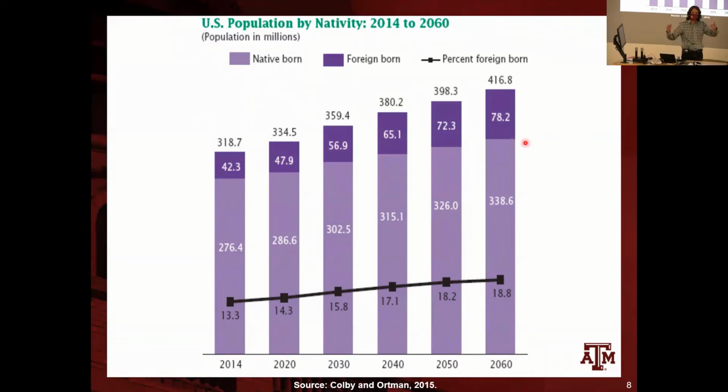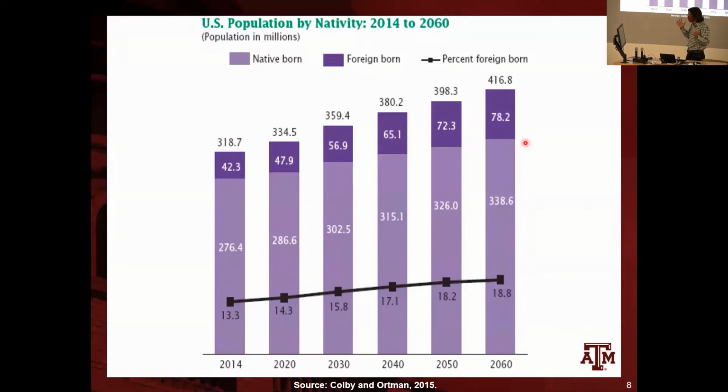Of course, as I just mentioned, the foreign born population usually has higher fertility than the native born population, but then the children of the foreign born population tend to have similar levels of fertility as the native born. And of course, the children of foreign born people born in the US are native born, right?